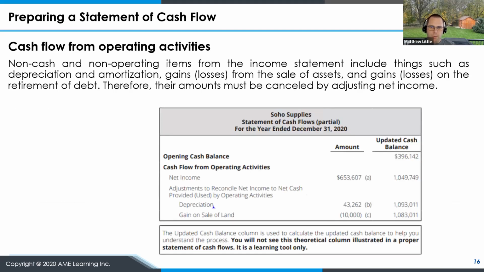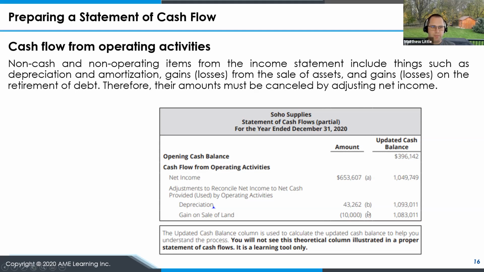So for our cash flow from operating activities in this example, we look at our non-cash and non-operating items, which might include depreciation, gains or losses on sales of assets, and any gains or losses on retirement of debt, and those must be canceled by adjusting the net income. So we have our net income of $653,607.